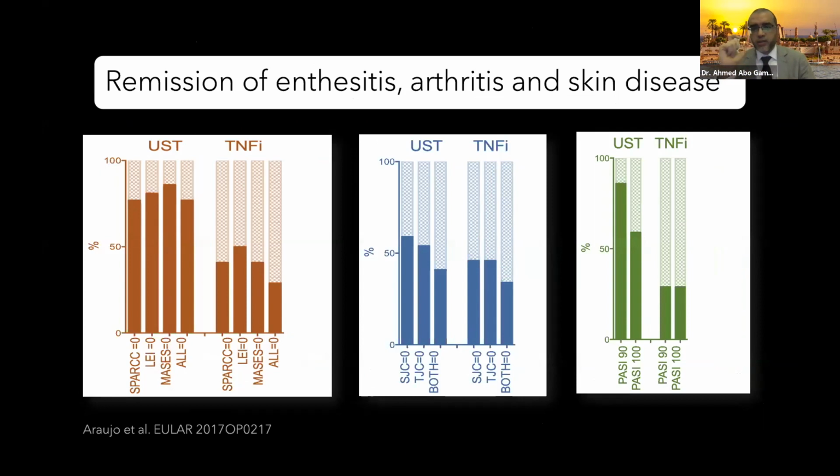Ustekinumab actually has a unique trial that involved enthesitis as a primary endpoint. If we look at the data on the psoriatic arthritis domains and functional ability, you find the worst functional ability in patients with psoriatic arthritis comes from enthesitis and dactylitis, not from arthritis.